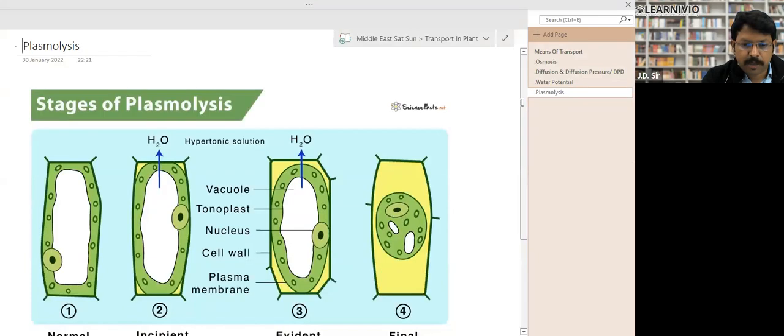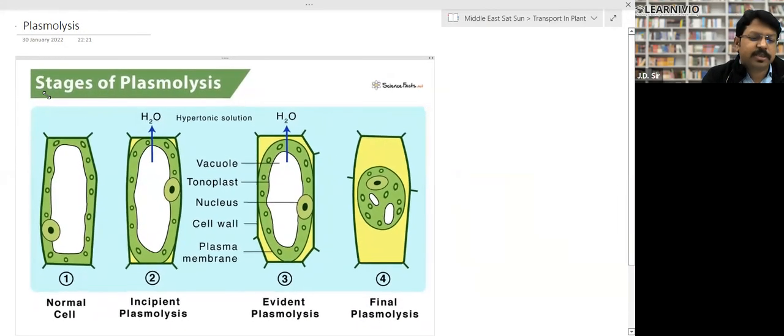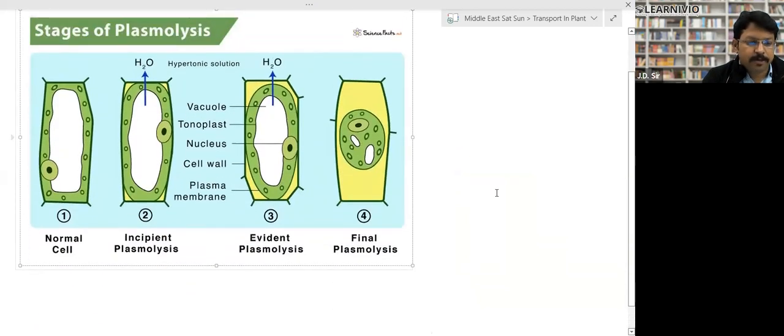These are the types, actually the stages, of plasmolysis. This is the normal cell, and this is the plasmolyzed cell.